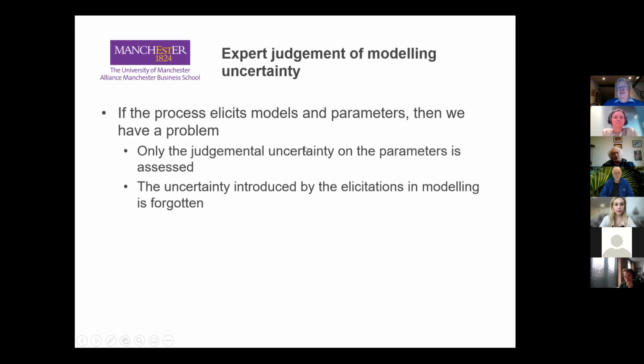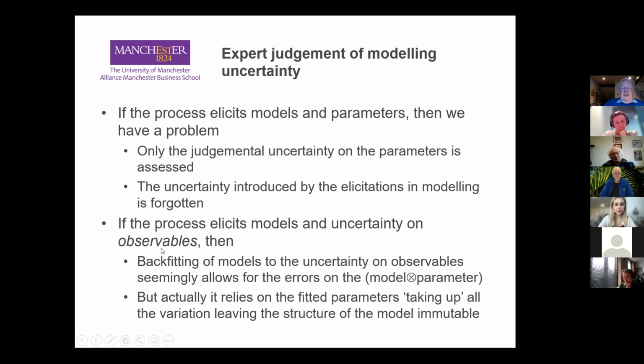If a process elicits models and parameters, then we have a problem. Only the judgmental uncertainty on the parameters is being assessed. The uncertainty in elicitations of the modeling is forgotten. If we follow the best advice of eliciting not parameters, but observables, and then backfit the models, it looks as if we're picking up the overall uncertainty, but we're keeping the model fixed.